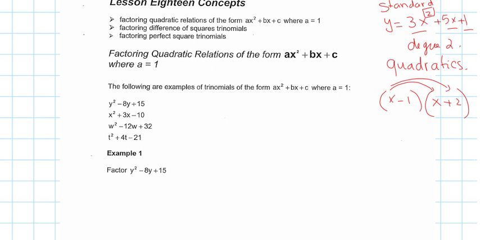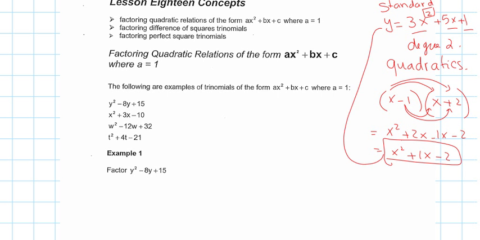And then we went from this form to x squared, x times 2 is 2x, negative 1 times x is negative 1x, negative 1 times 2 is negative 2, and then we collected like terms. Remember this? So we went to this form, which is the standard form.